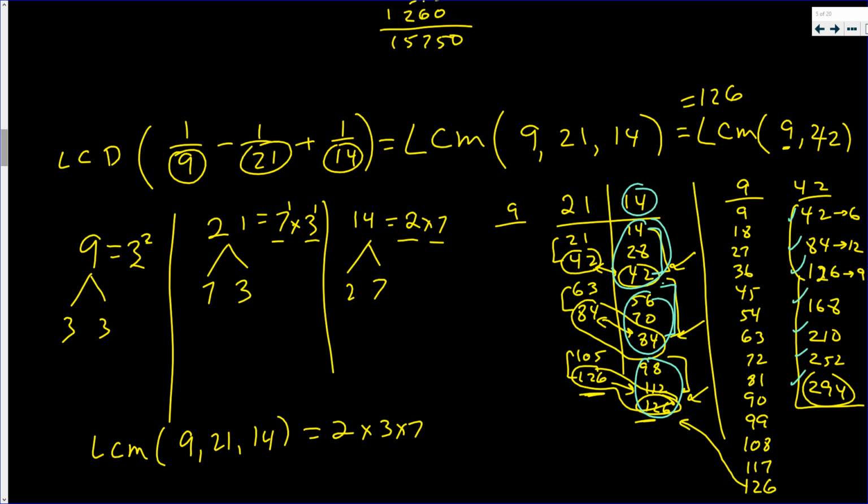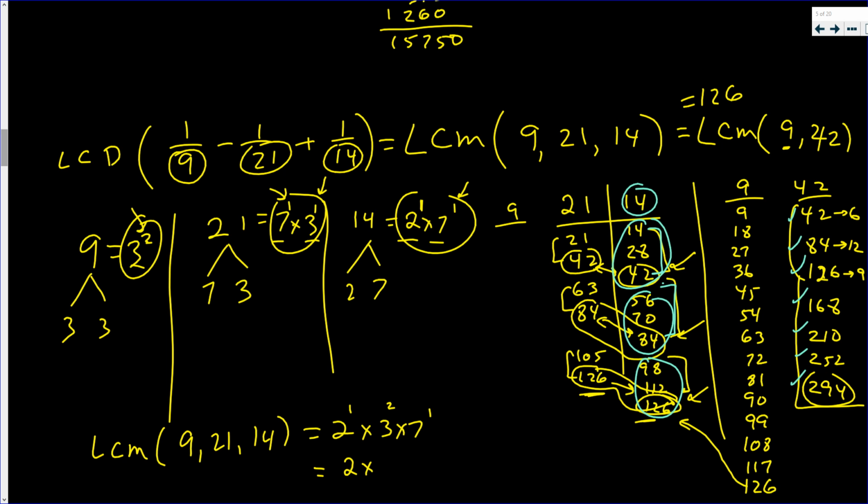The largest power of 2 that I see is the only power I see, 1. When it comes to 3, I see a power there and a power there. I just put down the largest power. When it comes to 7, I see 2 powers of 7. I put down the largest one.